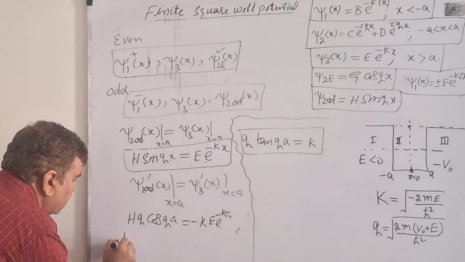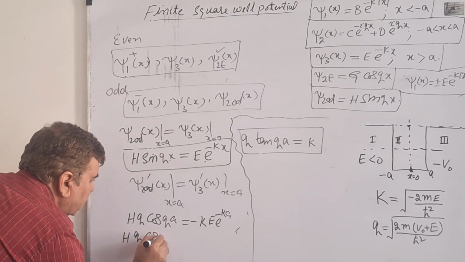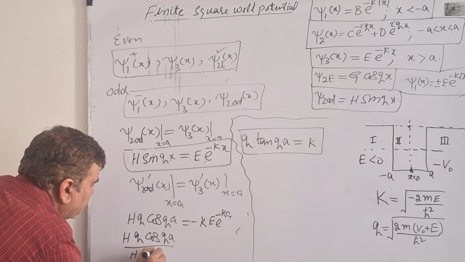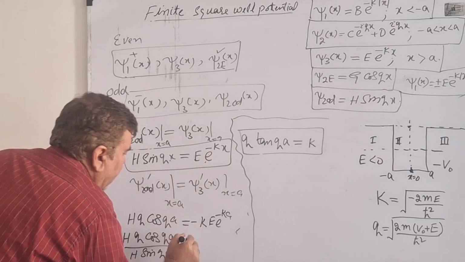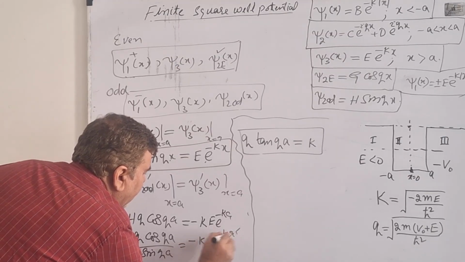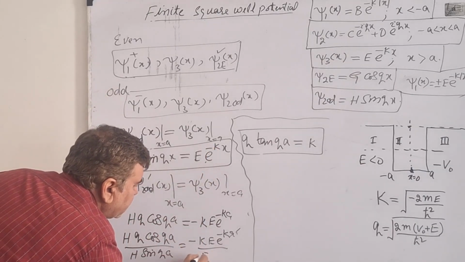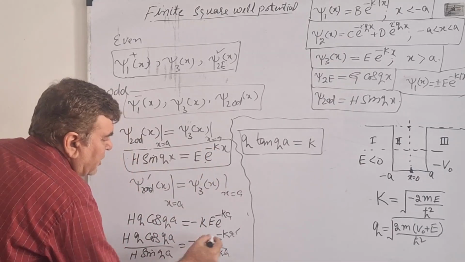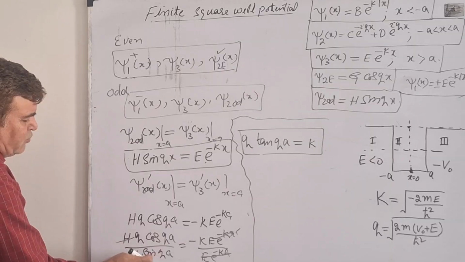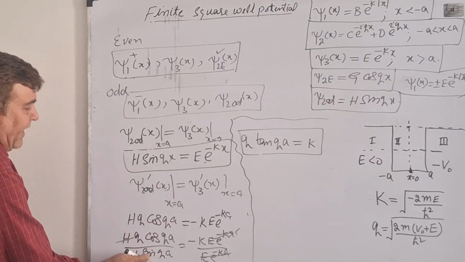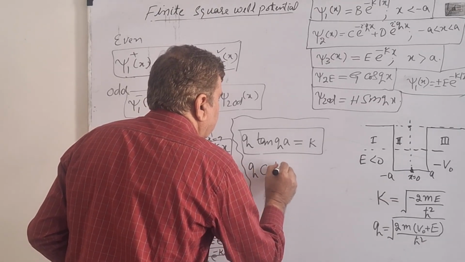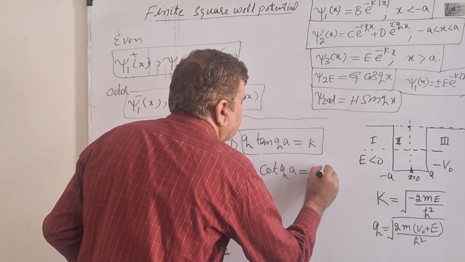So if I divide this equation, H q cos qa, with this equation, H sine qa, on this side I have minus k e exponent minus ka divided by e exponent minus ka. So this cancels with this whole thing, this H cancels with this, and cos qa divided by sine qa is in fact cotangent. So I write q times cotangent qa equals minus k.